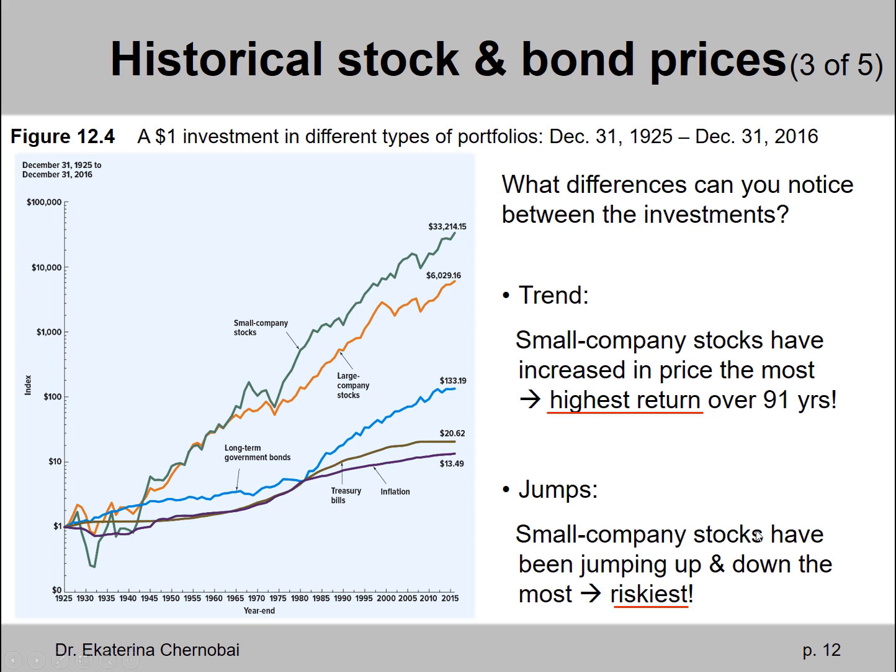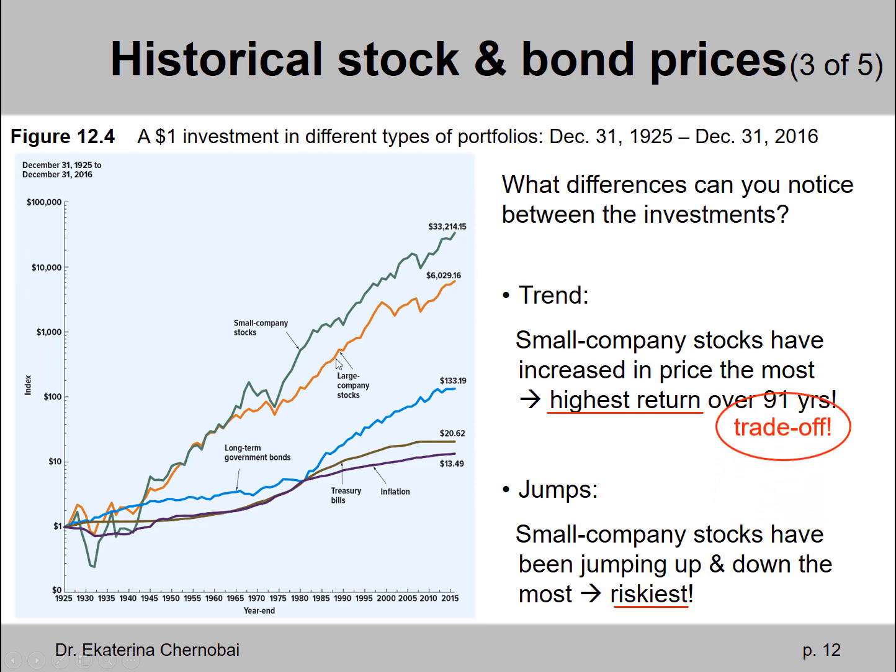So small company stocks have been jumping up and down the most, which makes the small company stock investment the riskiest. And now you may notice this trade-off between the risk and the return on an investment. So the small company stocks have generated the highest return, but this investment has also been the riskiest.